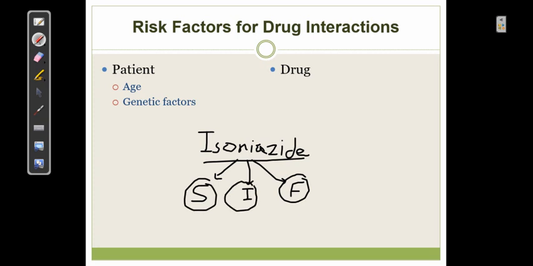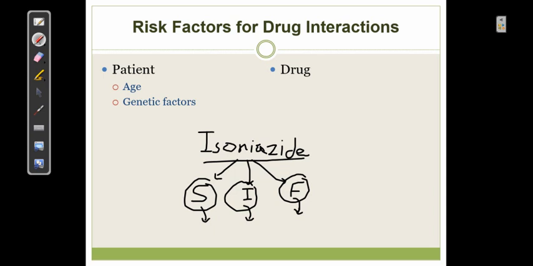In slow acetylators, both genes are recessive, they are not expressing the enzyme responsible for metabolism properly. Here both genes are dominant, so they are fully expressing the enzyme, and that's why the metabolism is normal. Here there is a heterozygous condition, one gene is recessive, the second is dominant, and there is co-dominance, and because of that intermediate metabolism is also possible.